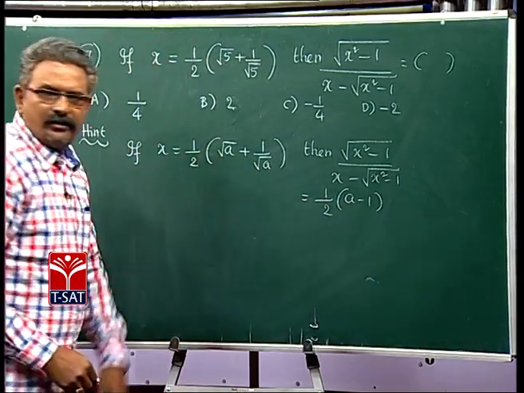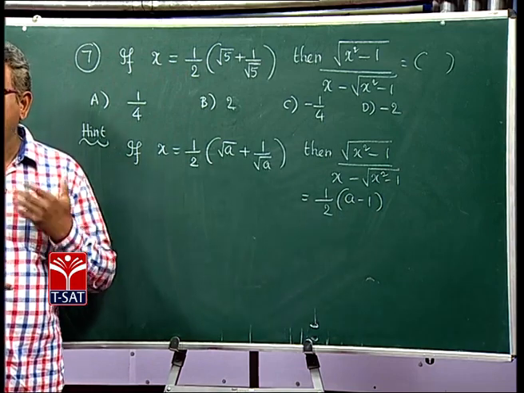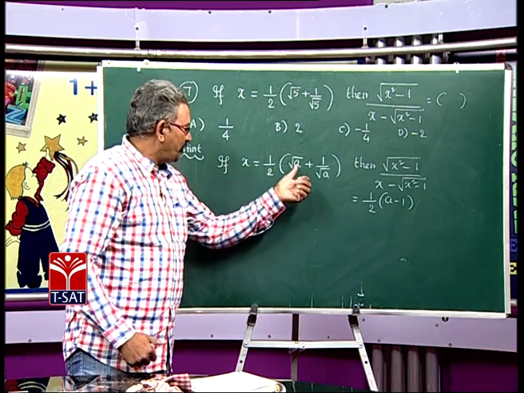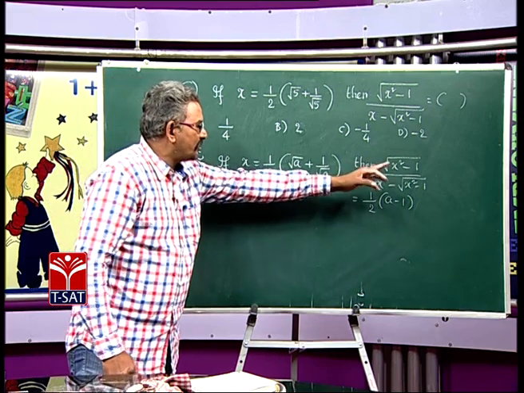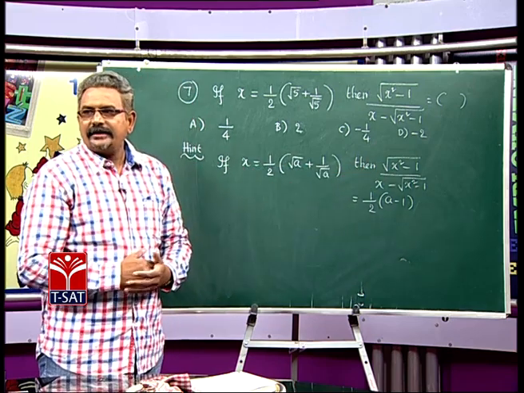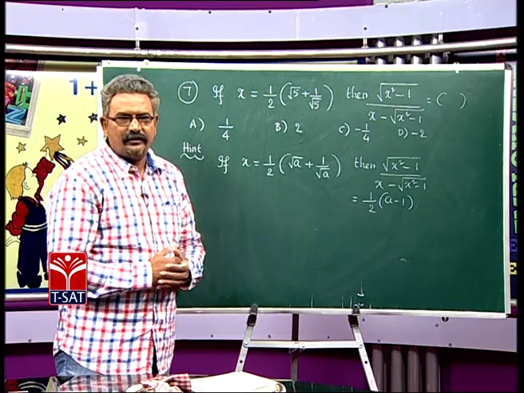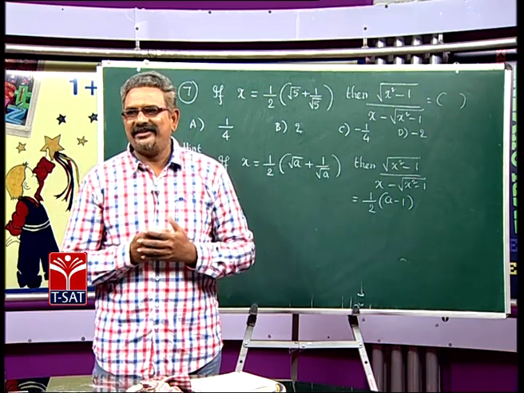This is one of the problems we might have done in earlier courses. So if x is equal to half into root a plus 1 by root a, then prove that root of x square minus 1 by x minus root of x square minus 1 is equal to half times a minus 1. That might be given for 7 marks in some board examinations.